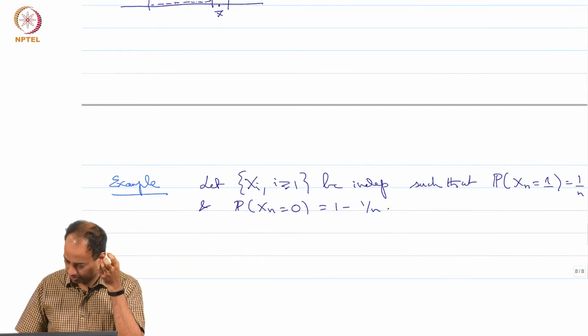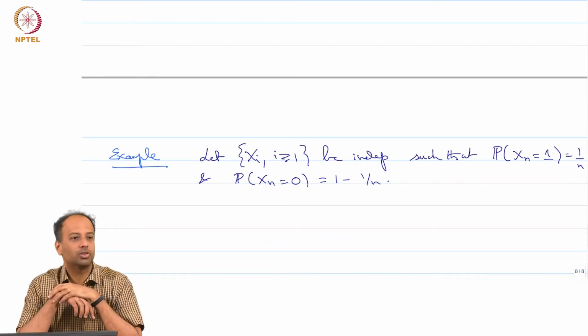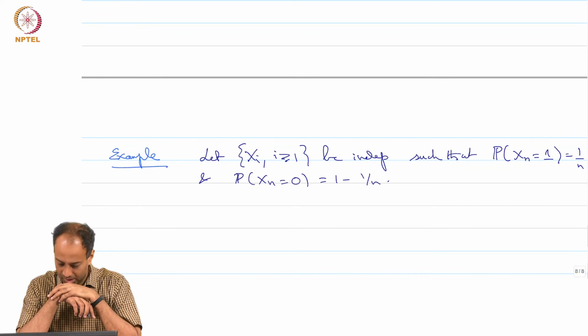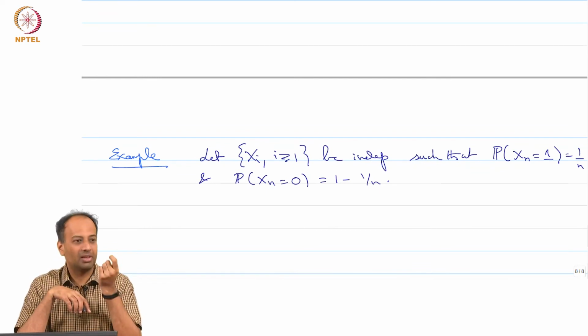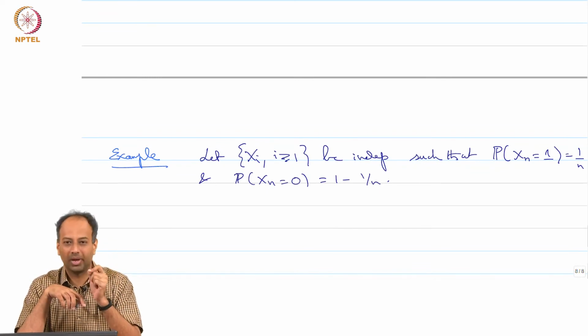So, the X_n's are a sequence of independent random variables such that the nth random variable is 1 with probability 1 by n.